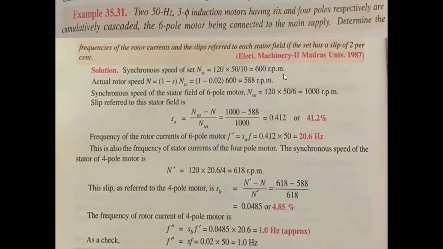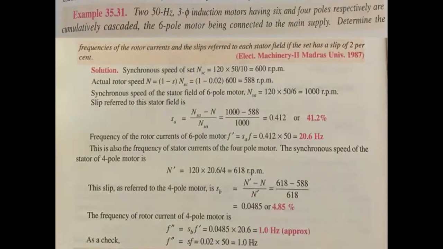The set is having NSC of 600 RPM. Next, the actual rotor speed N. From NSC and the given slip of 2%, N is equal to 1 minus S into NSC, so 1 minus 0.02 into 600, which is 588 RPM.